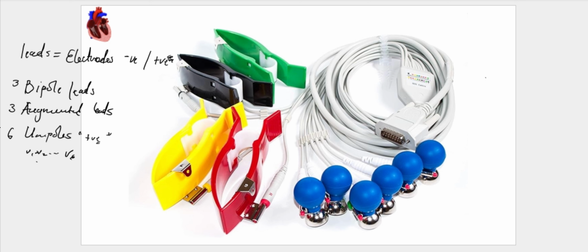We've said that these leads consisting of electrodes are able to pick electrical signals in regard to the heart, and that information will be represented in a graphical form, and that will become our ECG.